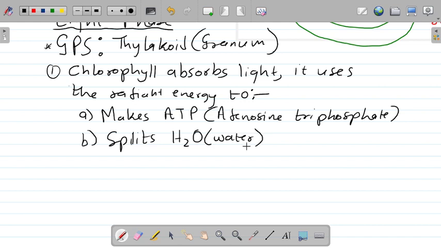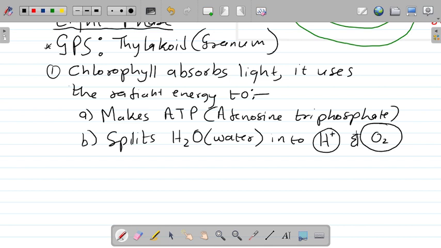Water. One miracle. It splits water into, you can only split water into two elements. What are those? Hydrogen and oxygen. These are the two elements that are created.